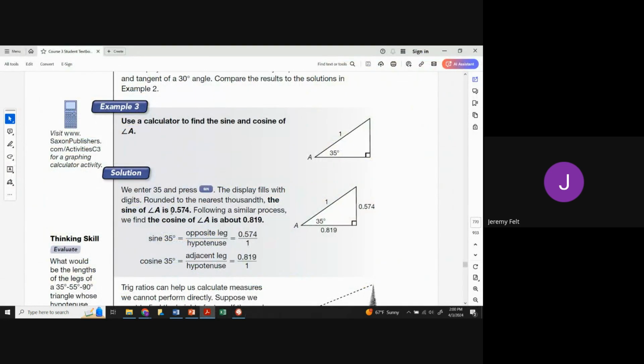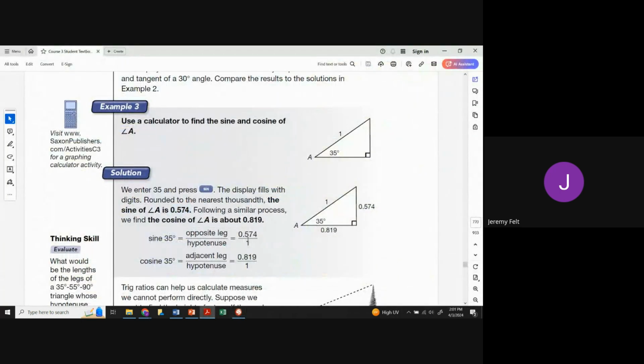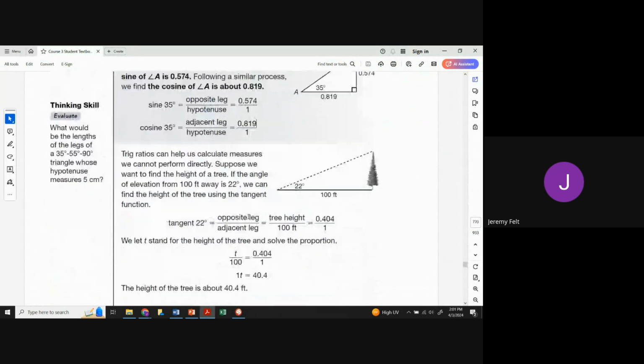So the sine of angle A is 0.574 if we round it. We can also do the cosine in there, and then we know the hypotenuse, so we can work backwards. The sine of 35 equals what we got right here in our calculator. It goes on forever, so you're going to have to round it off at some point. We round it off here, divided by 1, or the cosine here.